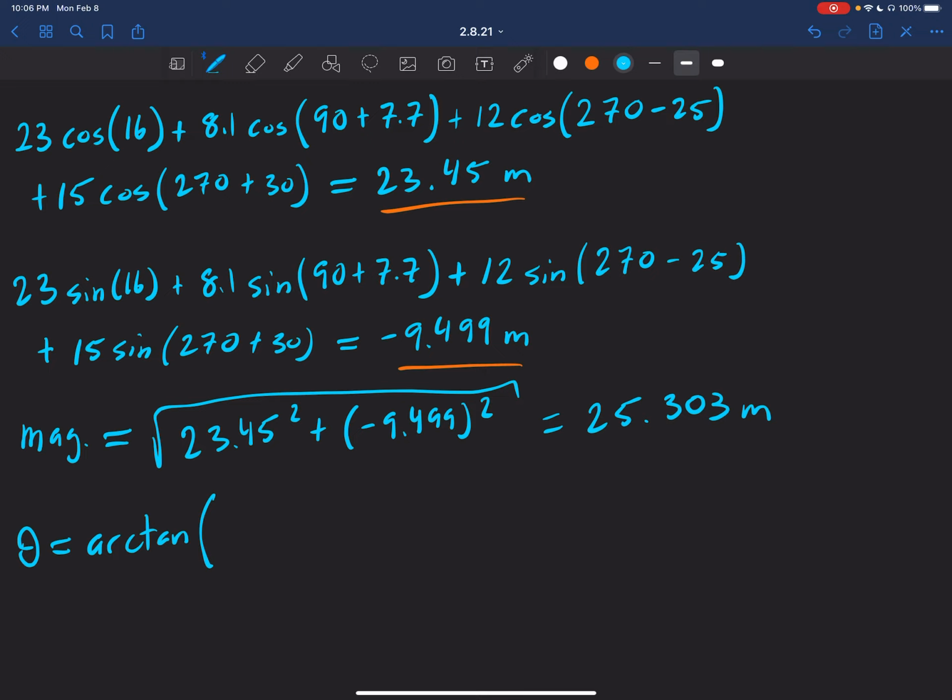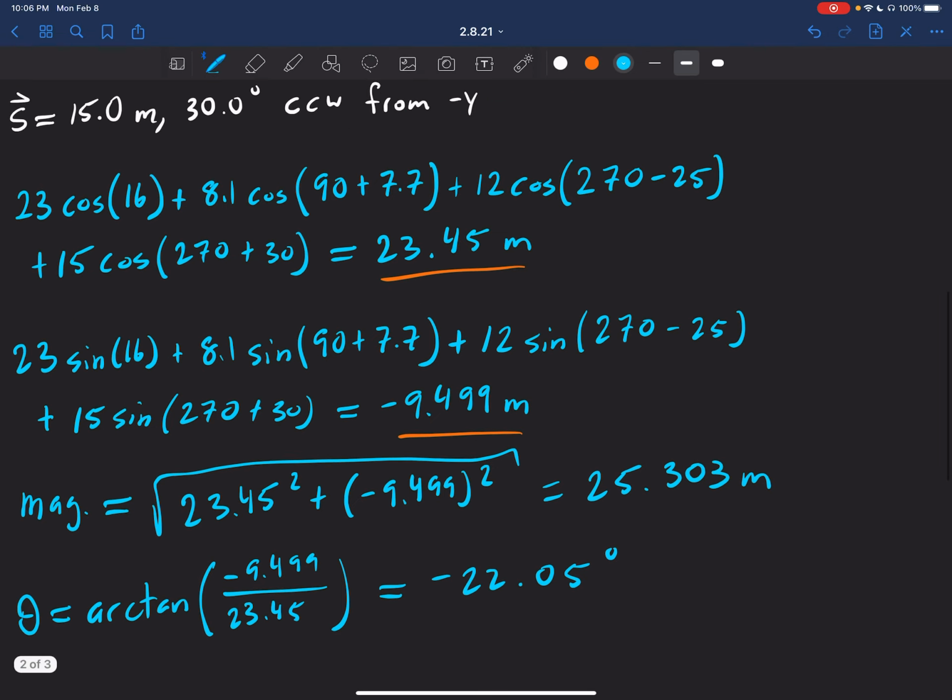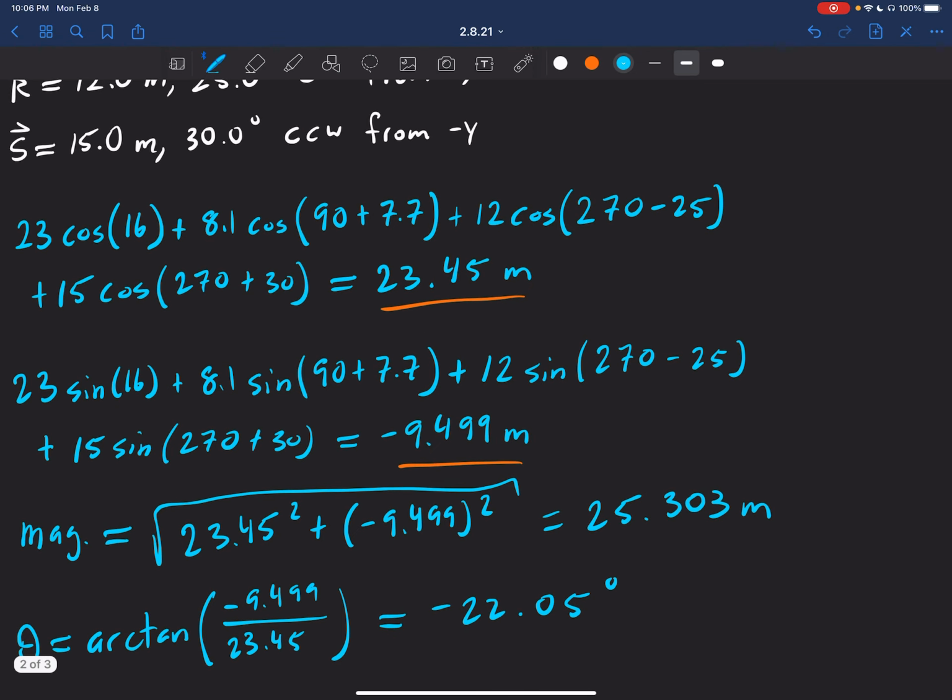That's going to be minus 9.499 divided by 23.45, and choosing the quadrant correctly, we're going to get an angle of about minus 22.05 degrees. And that is how you do problem 56 from chapter 3.